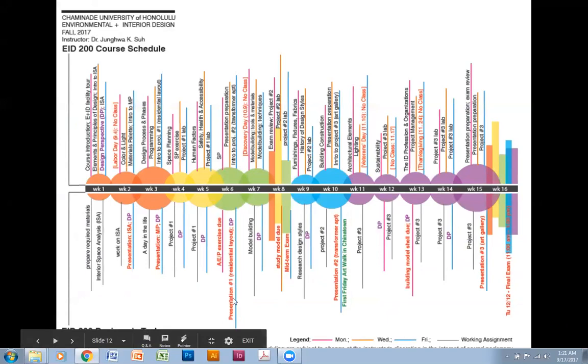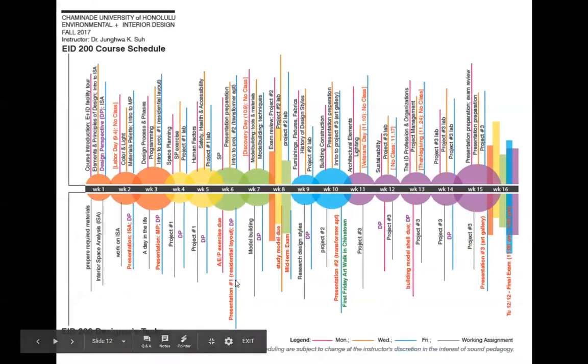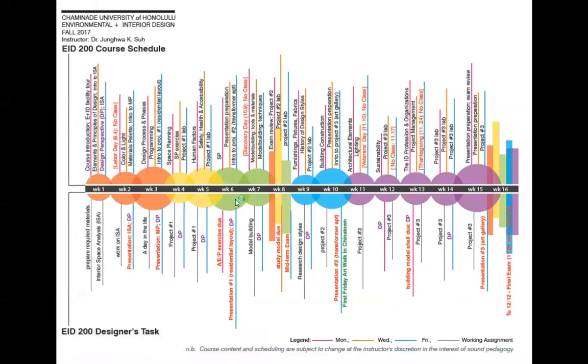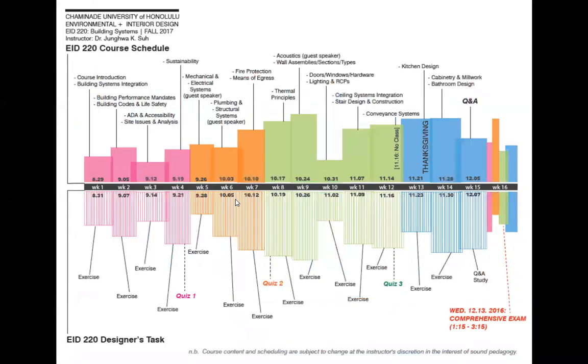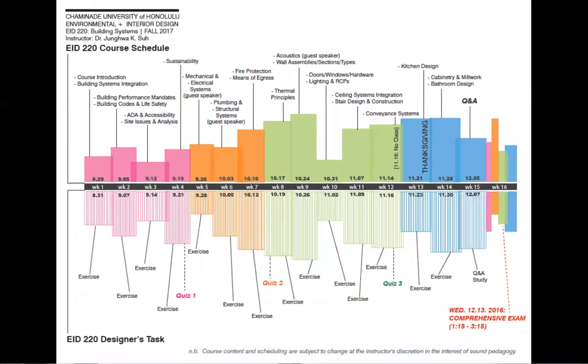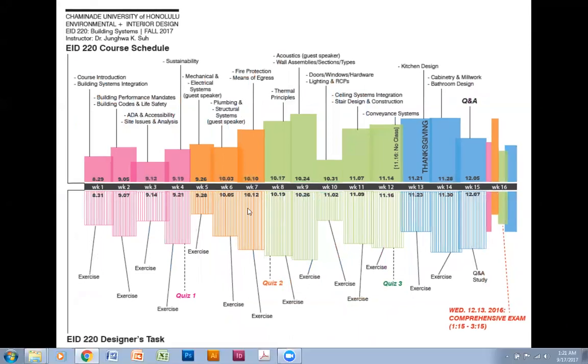This means that presentation 1 will happen on Friday in week 6. You can also create geometry shapes that tie in with your course subject, so the graphic interest can be enhanced in your syllabus schedule.